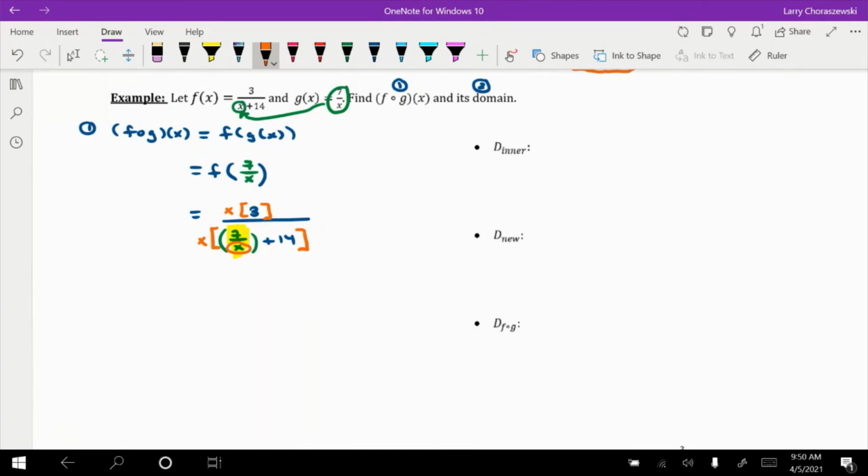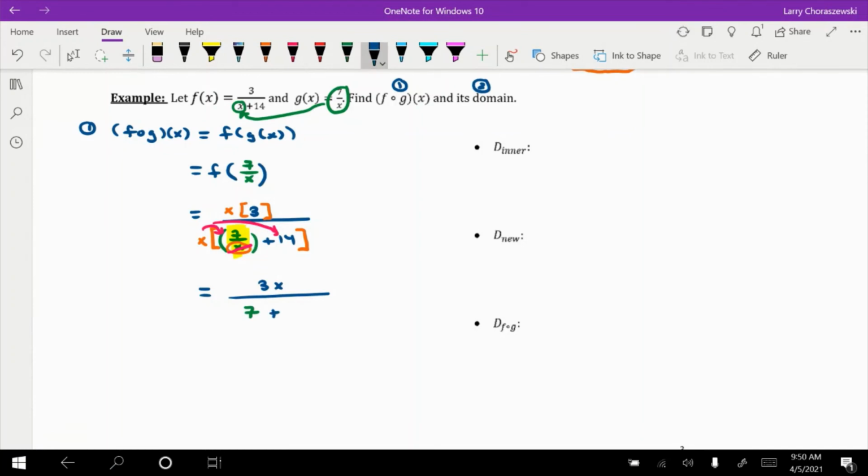Everybody good with that? Now on top, x times 3 is just going to be 3x. On bottom, we distribute x to clear the brackets, in which case it'll cancel out the x that's underneath the 7, leaving behind 7.